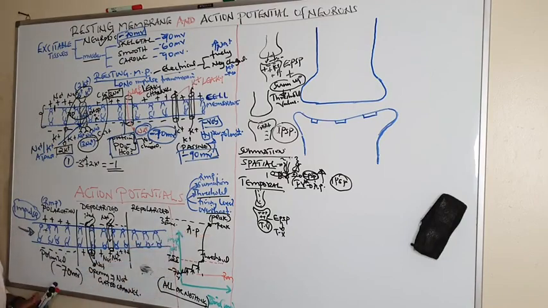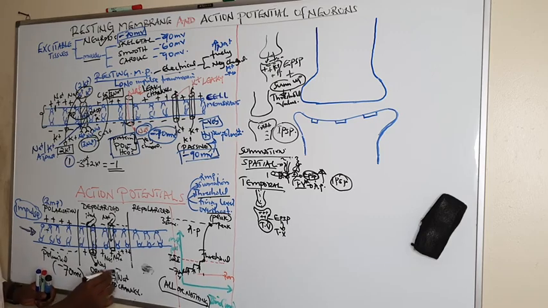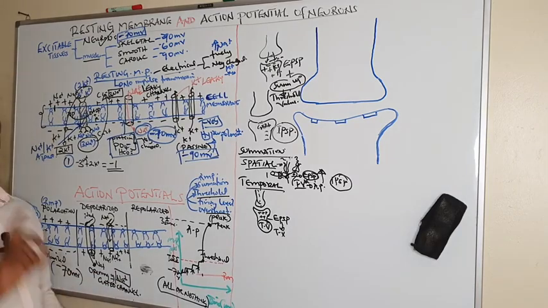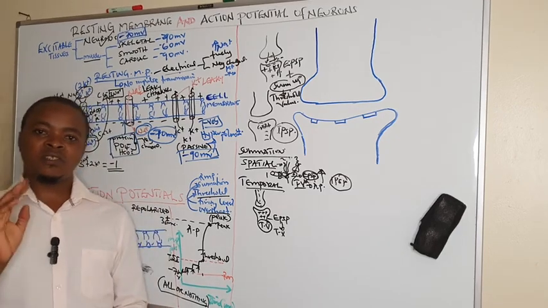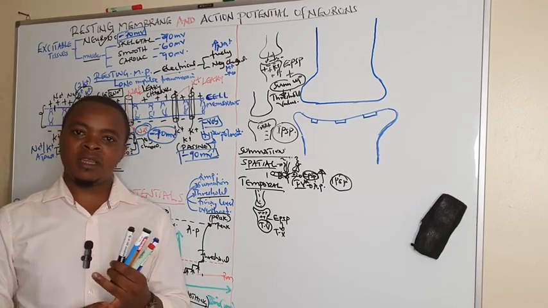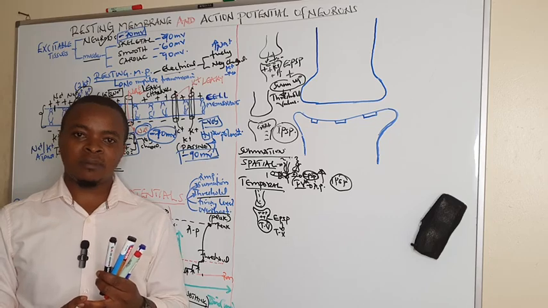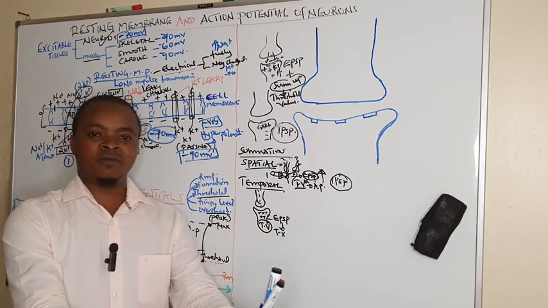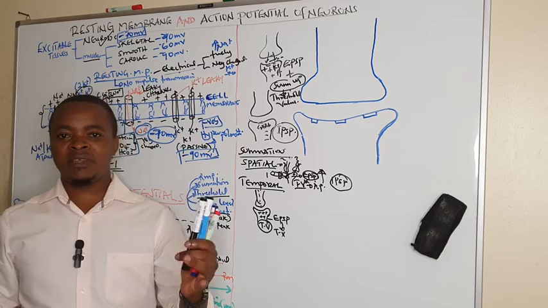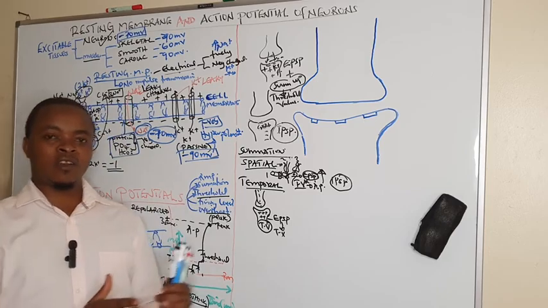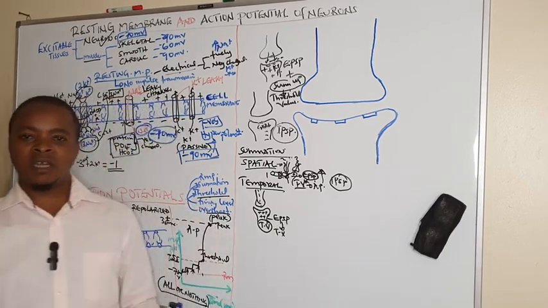After firing of an action potential, due to the opening of sodium gated channels, one thing I want you to capture is that sodium gated channels are fast acting: they quickly open and quickly close. When an impulse arrives they quickly open and quickly close, which is different from potassium. For potassium, they take long to open and even longer to close.